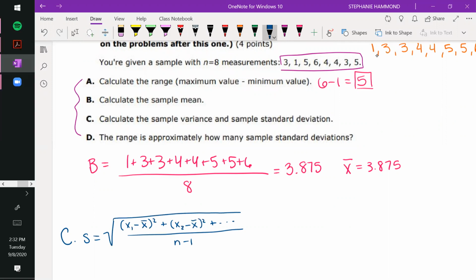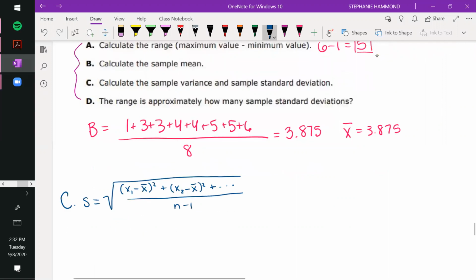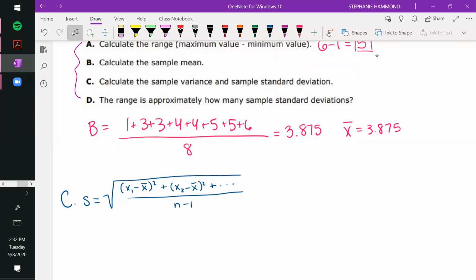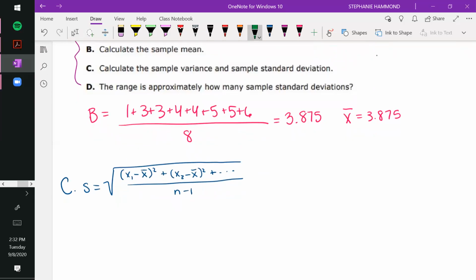And I need to plug in all of our data for that. We have 8 pieces of data, so it's going to end up being really long. I'm going to pause this and put it on here.